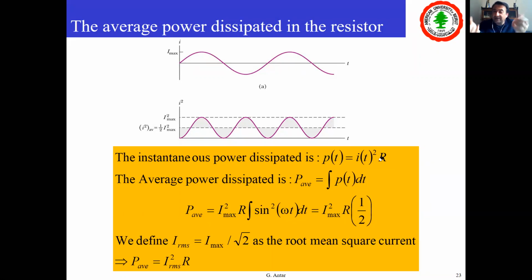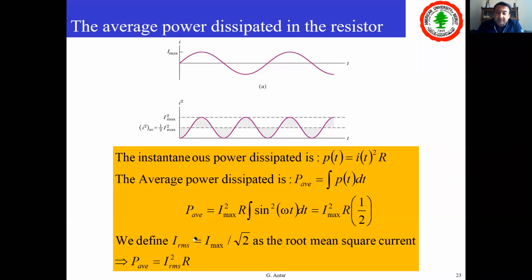The average power is the average over time, so it's the integral of P of t multiplied by dt. If I replace this by the values, I have sine squared of omega t, and the average value of it is 1/2. And so I have I max squared divided by 2, times R. And this is where the RMS definition comes from.